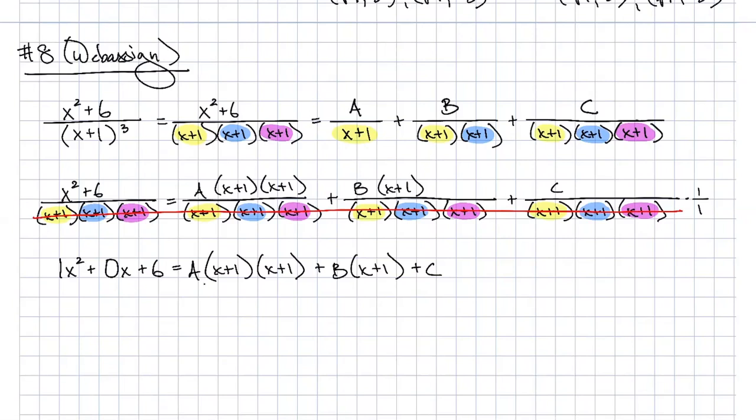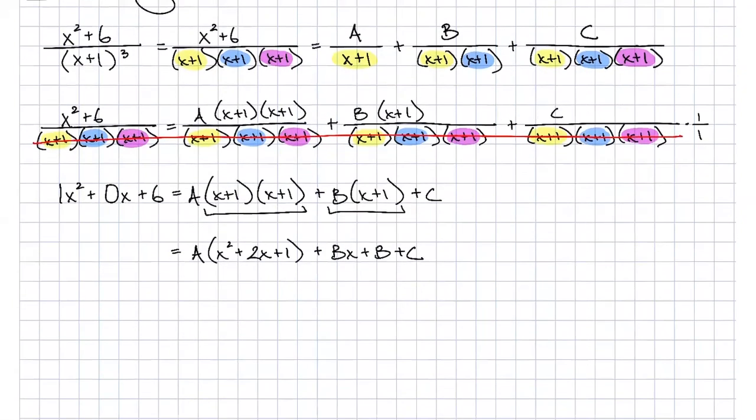So let's go ahead and FOIL this out and distribute that. So a times x squared plus 2x plus 1, plus bx plus b plus c, which is ax squared plus 2ax plus a plus bx plus b plus c.